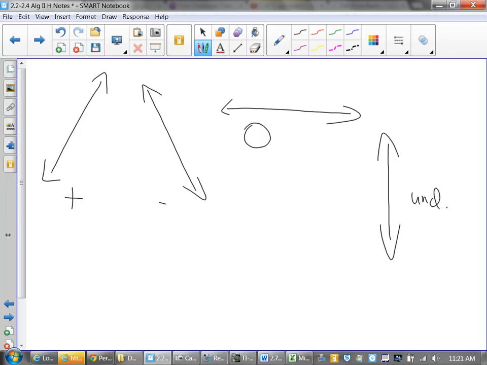Now, when we're dealing with slopes, they're always written in fraction form. You're never going to see a 0.667 slope. You're always going to see it written as 2/3, or you're not going to see 0.25 as a slope. You'll see it as 1/4. So when you get to your 0 or your undefined slope, think of it as a fraction.